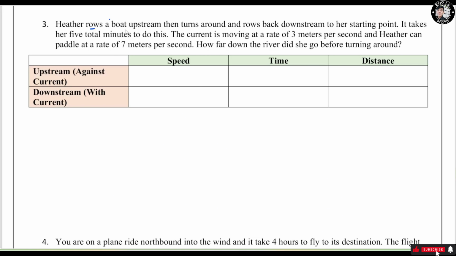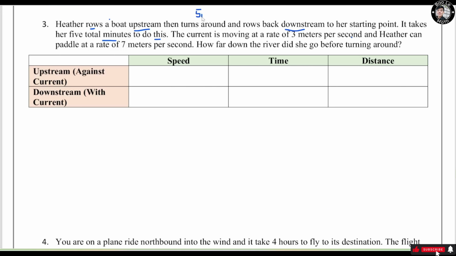Heather rows a boat upstream, then turns around and rows back downstream to her starting point. It takes her 5 total minutes to do this, right? So the total of times is going to be 5 minutes, right? And we look at the speed right here, it's going to be meters per second. And then we need to convert 5 minutes into seconds, right?